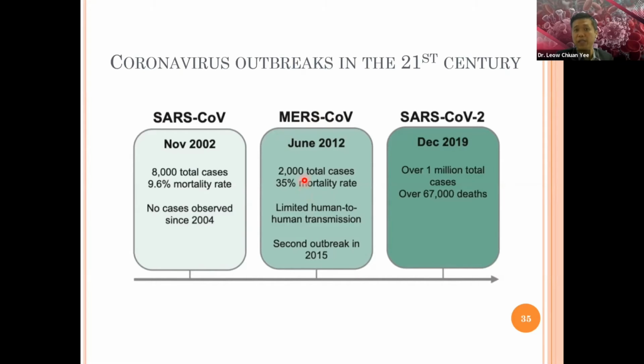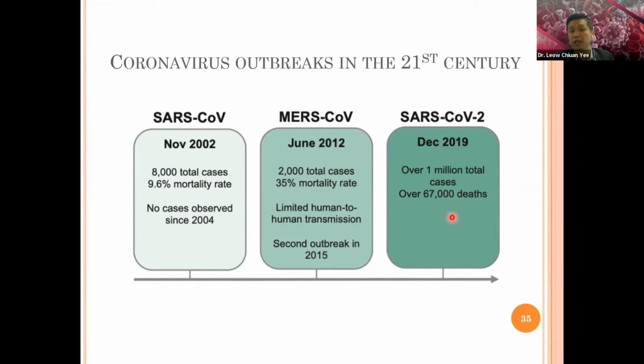However, the infection rate is lower compared to SARS. There was also limited human to human transmission, but it was usually found to come through camels in the Middle East. Then it starts to pass to humans, and humans start to pass it on to others. And today is SARS-CoV-2, where luckily, of course, the transmission rate is much higher compared to the other types, SARS-CoV and MERS-CoV.